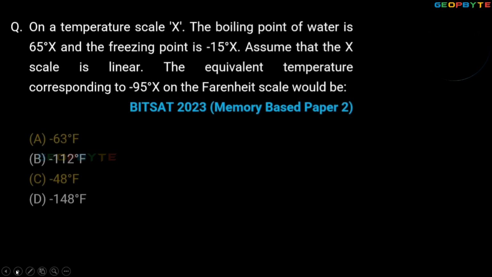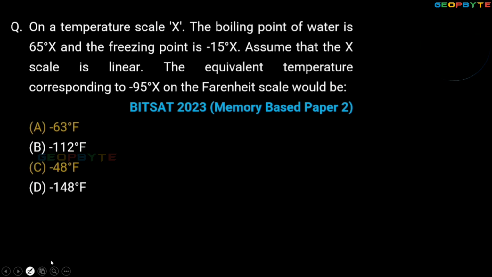Then look at another important problem asking like this. On a temperature scale X, the boiling point of water is 65 degree X and the freezing point of water is minus 15 degree X. Assume that the X scale is linear.